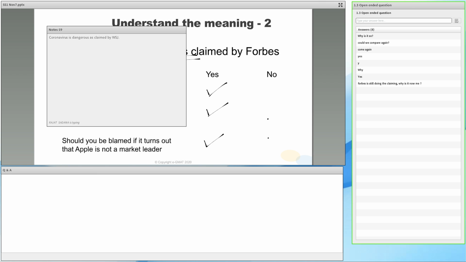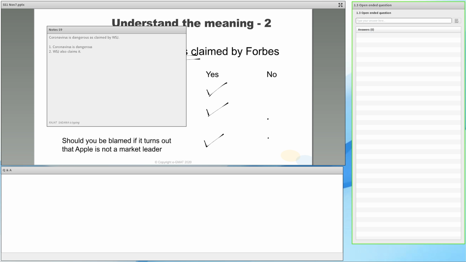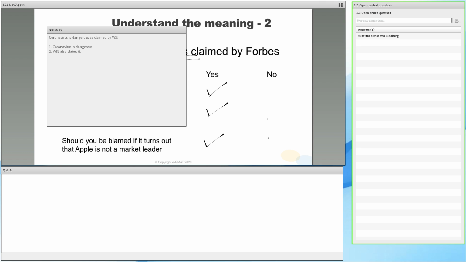When you say coronavirus is dangerous as claimed by Wall Street Journal, what you're really saying is, one, and two, you're saying both of those things. When you say X says A is B as claimed by this, you're doing both. You're saying coronavirus is dangerous, I agree with it, and Wall Street Journal also claims it.